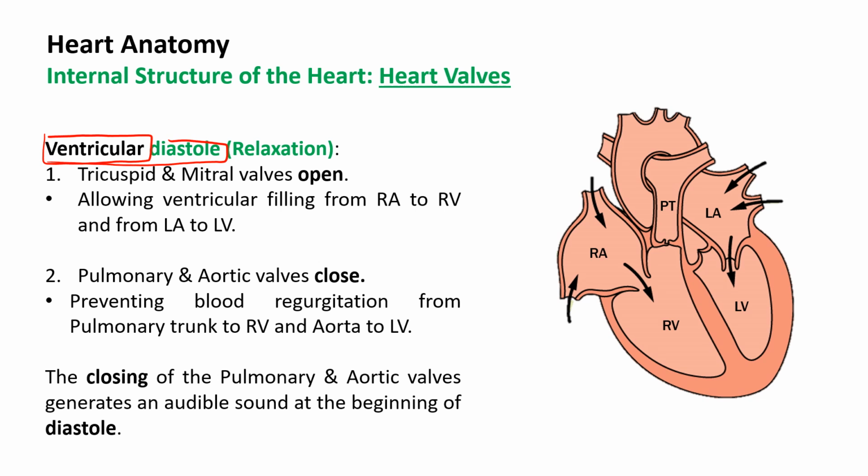The atrioventricular valves, meaning tricuspid valve and mitral valve, as you can see here in the picture, right? Why? Because during diastole, that is the time when the ventricles are resting and getting ready for the next contraction. So it's obvious here that the ventricles are allowing filling from the atria. Okay. So that is what happens in diastole.